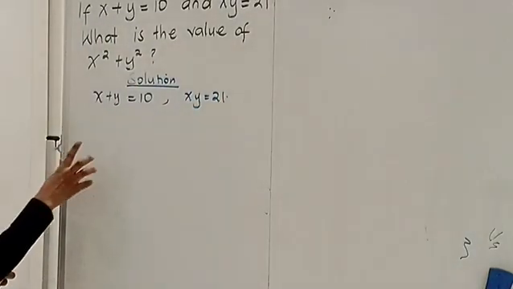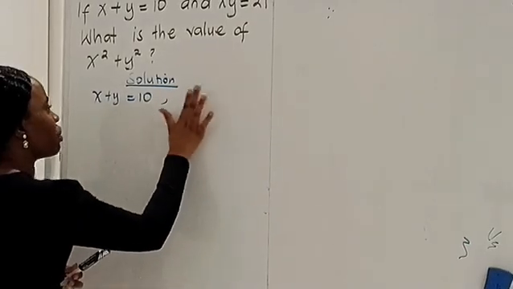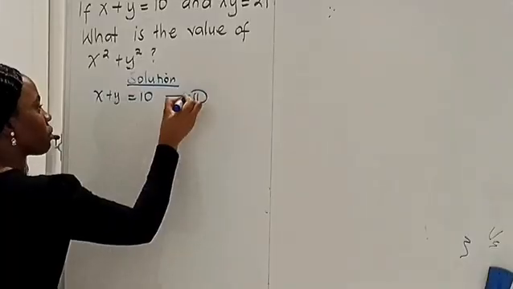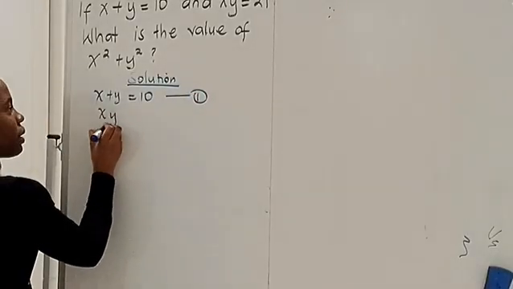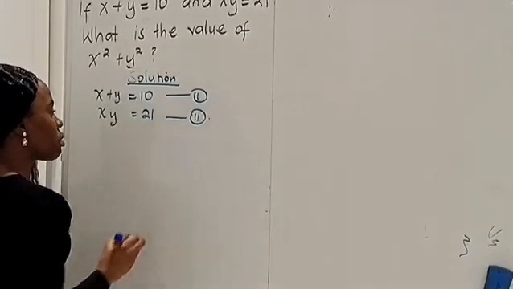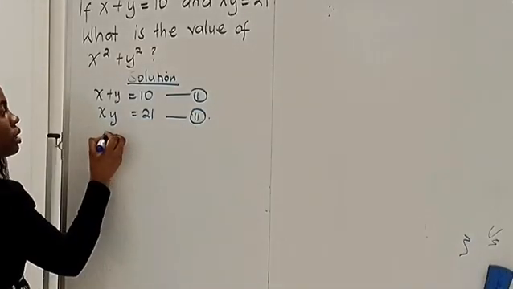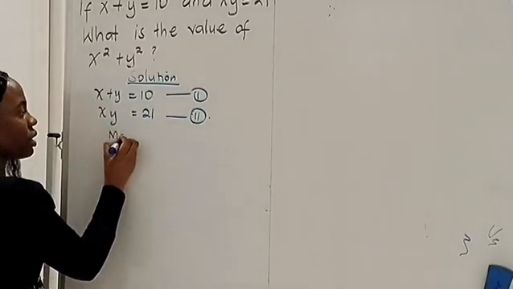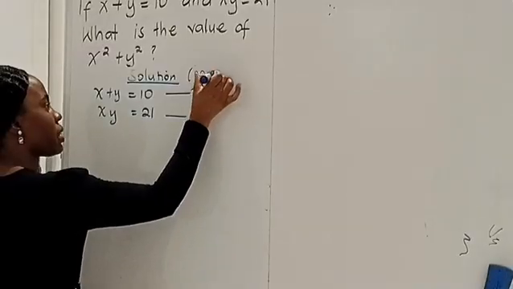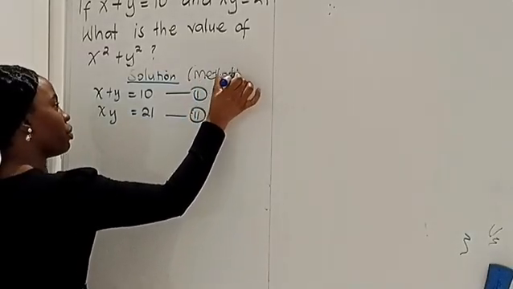So if x plus y is equal to 10, that is our equation 1, then xy is equal to 21, that is our equation 2, okay? Method 2, we are solving them simultaneously. So I'm writing here method 2, okay?